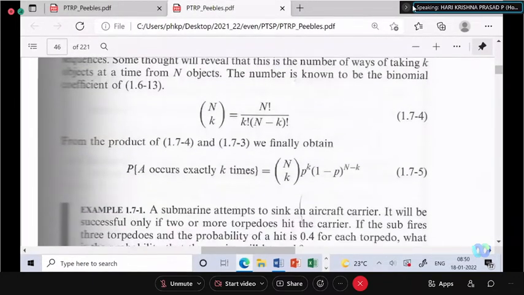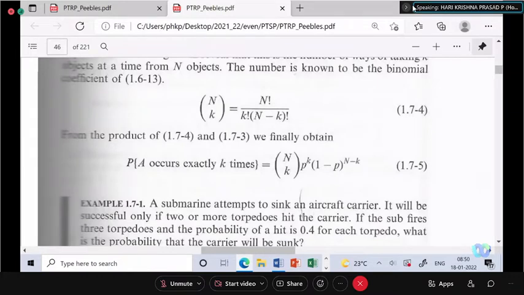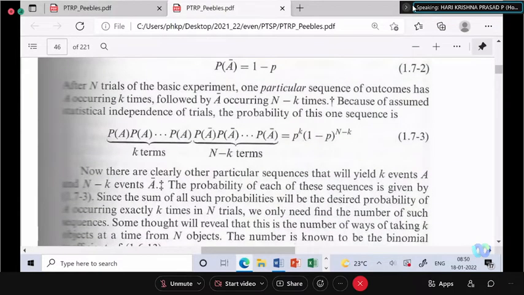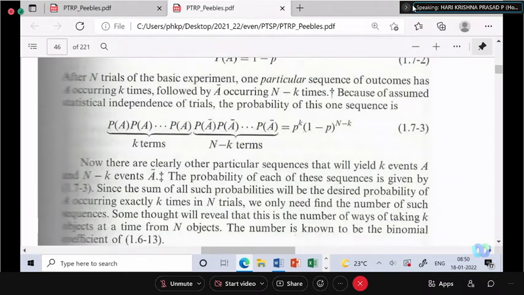So the probability that A occurs exactly k times is given by the product of nCk, p power k, times 1 minus p to the power n minus k. This is what the concept is. Then you see, 1.73 is the probability of this one sequence, only one sequence. How many such sequences? nCk sequences.